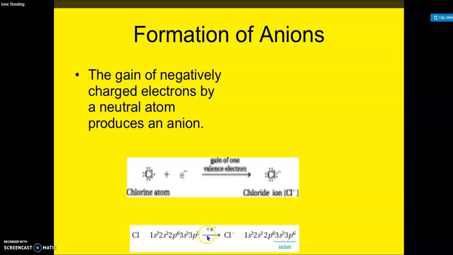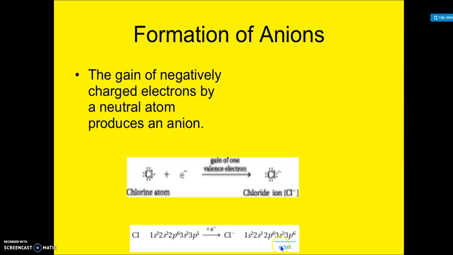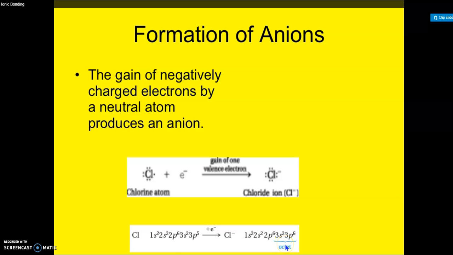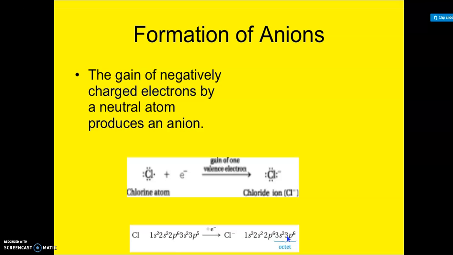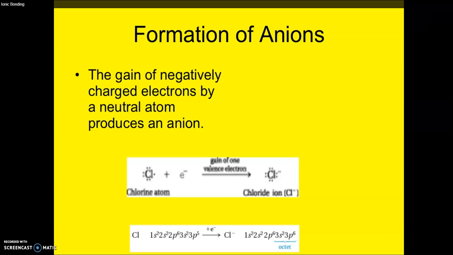After the gain of 1 electron, these 7 electrons become 8 electrons, 3s2, 3p6, fulfilling the octet rule. That's why a chlorine atom always prefers to gain 1 electron to achieve 8 electrons in the valence shell.